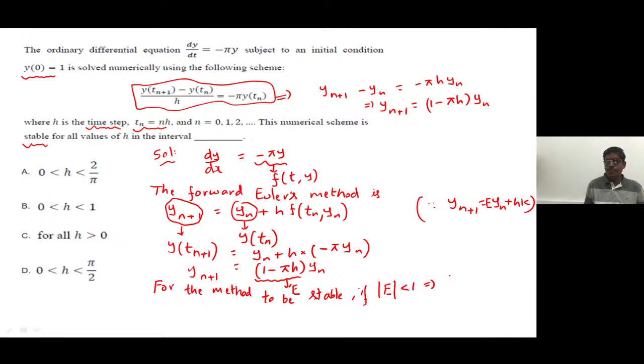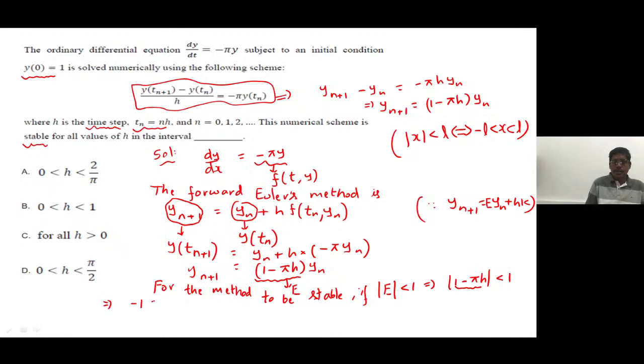What is E? 1 minus pi h, so mod of (1 minus pi h) is less than 1. What we know from calculus modulus properties: mod x less than some number L can be written as minus L less than x less than L. Comparing this, with 1 minus pi h as x and L as 1, you will get minus 1 less than 1 minus pi h less than 1.